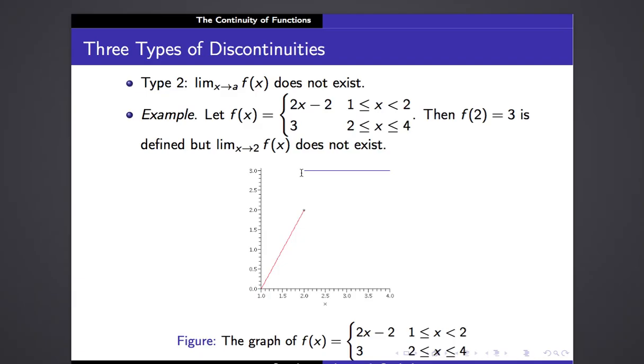As you can see, the limit does not exist, and what happens? You see a breakage, right? We see a separation, a breakage of the graph. So that makes the function discontinuous, not continuous.